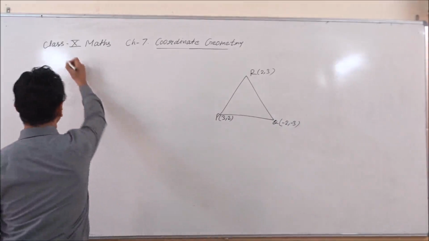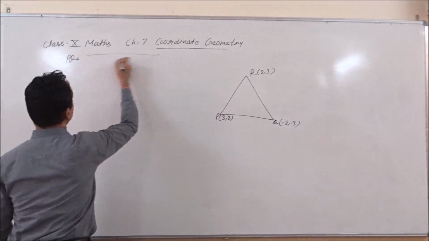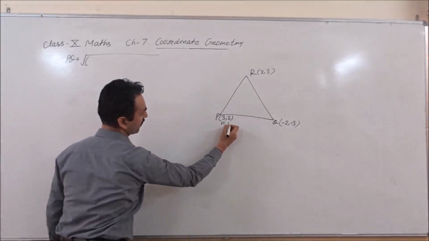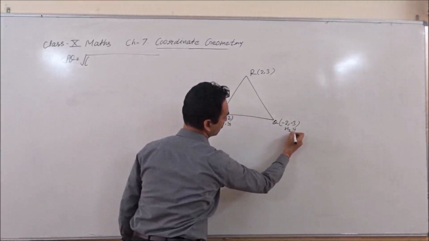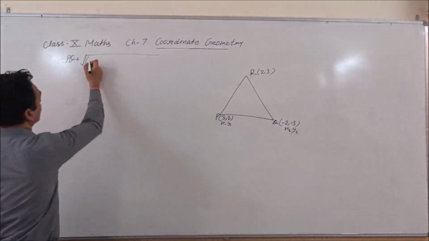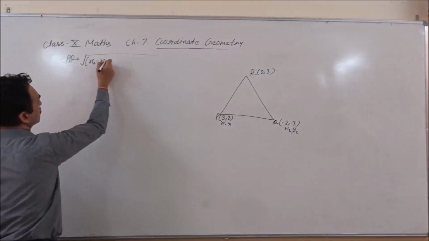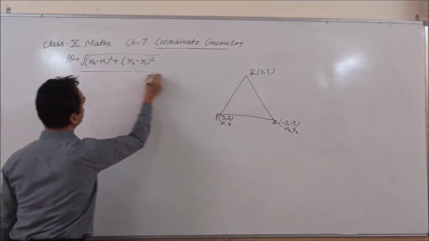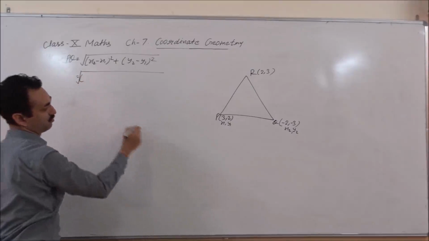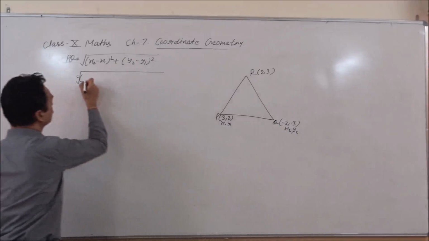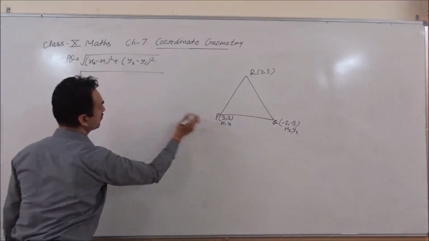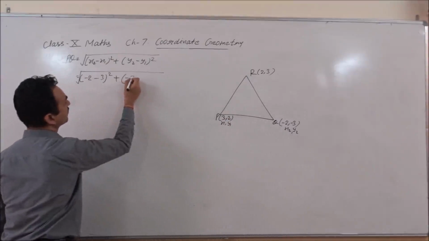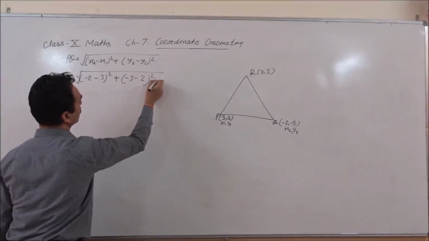First of all, we find PQ equals square root of this. This is x1, y1 and this is x2, y2. What is the formula? x2 minus x1 whole square plus y2 minus y1 whole square. Now put the values. x2 is -2 minus 3 whole square plus y2 minus 3 minus 2 whole square.